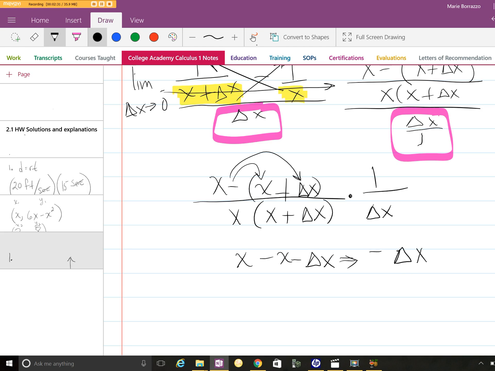That's all I'm left with at the top, because technically these two cancel out. And I kind of skipped a step, but remember, we're multiplying times 1, so this value times 1 gives you this. Okay? Now all of this is over x times x plus the change in x, and we're still multiplying this.